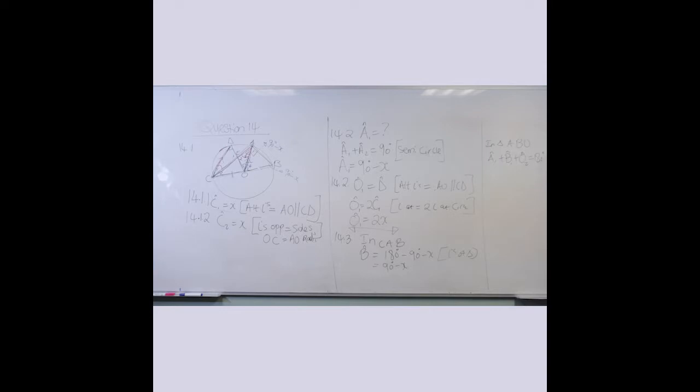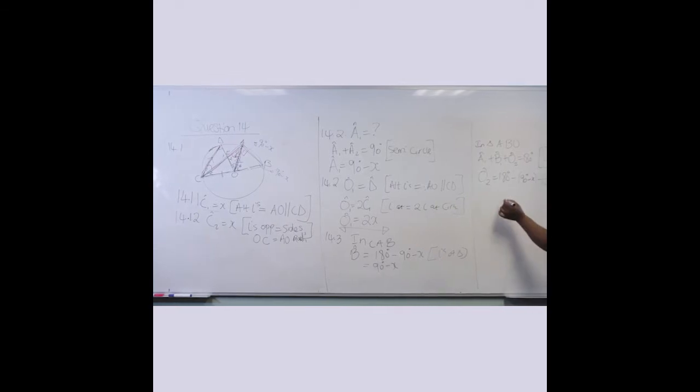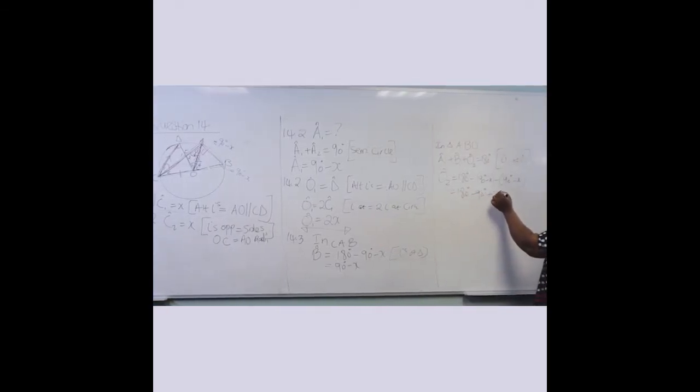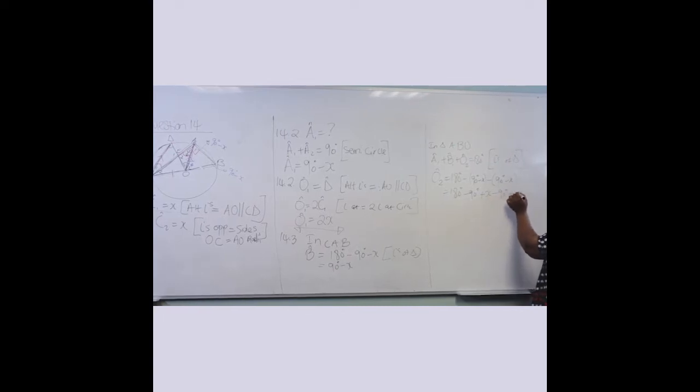That is the sum of the angles in a triangle, right? These two are the same. So we'll have O2 equals 180 minus (90 minus x) minus (90 minus x). Let's see what happens here. We will have 180 minus 90 plus x minus 90 plus x, and that gives us 2x.